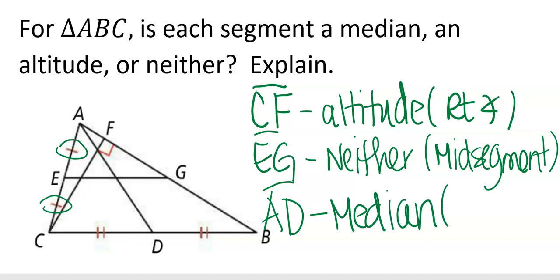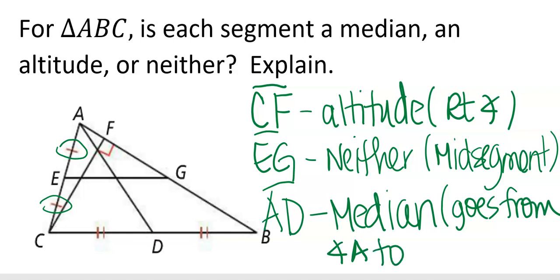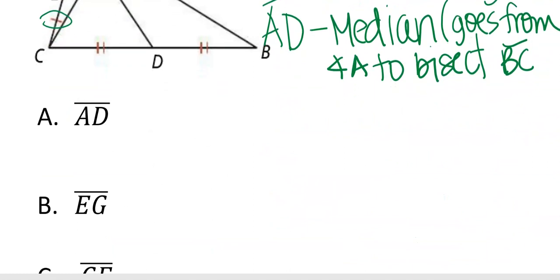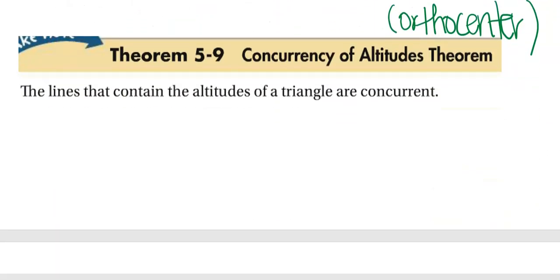And I'm going to say goes from angle A to bisect BC. Something like that. So you guys will have to do some of those tomorrow. I guess I did them already.